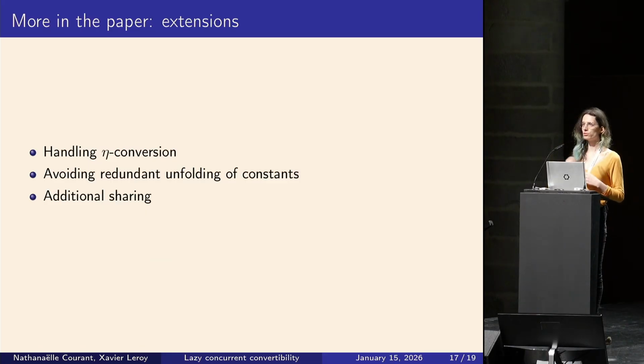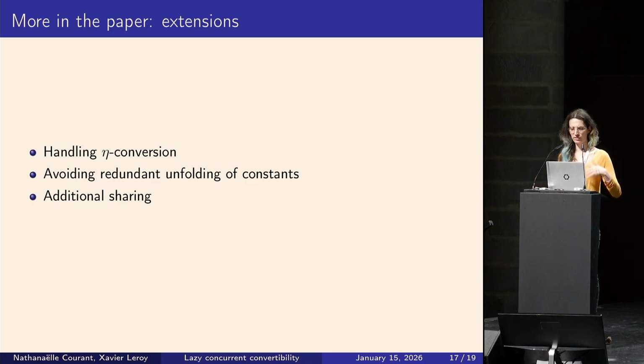We also do a lot of additional things in the paper, which you can look at. So we handle eta conversion. We avoid redundant unfolding of constants. So if you have two different constants, A on one side and B on the other side, with the algorithm I presented, we can unfold A, then B, and get some test, or unfold B, then A, and get another test.